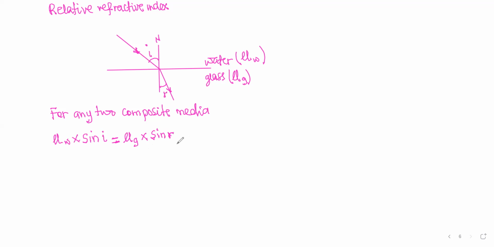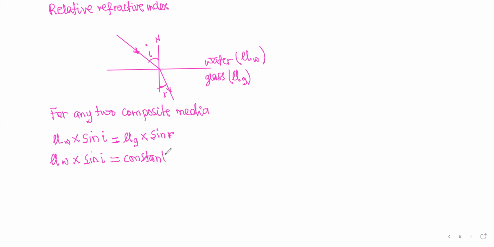Every angle of incidence would give a certain angle of refraction. So for any two composite media, the product of the refractive index of the first medium and the sine of the angle of incidence must be equal to the product of the refractive index of the second one and the sine of the angle of refraction in the second one. Technically, this must be equal to a constant value.